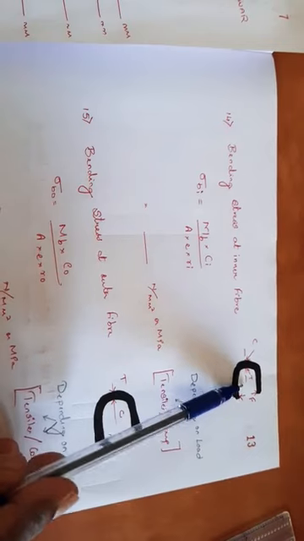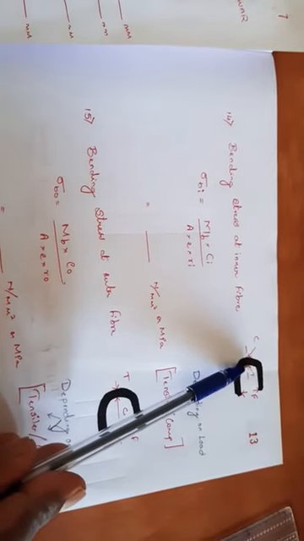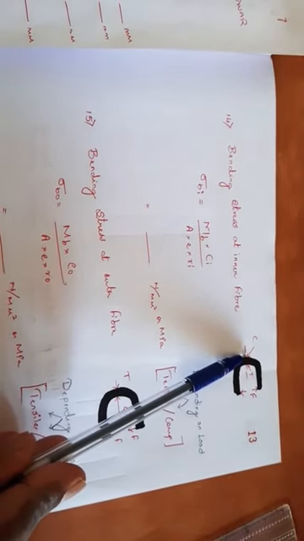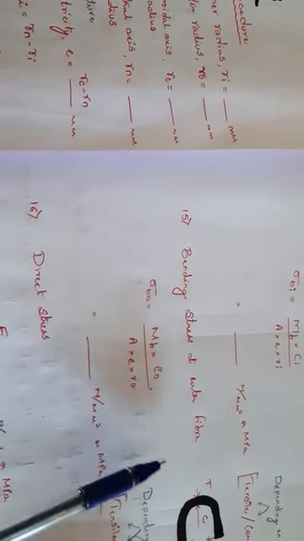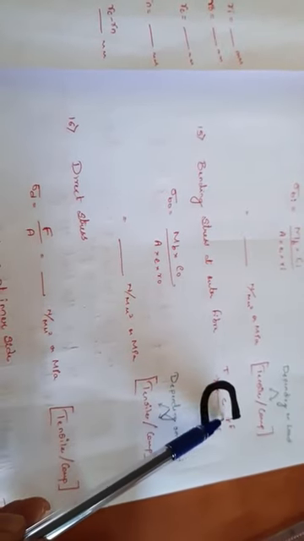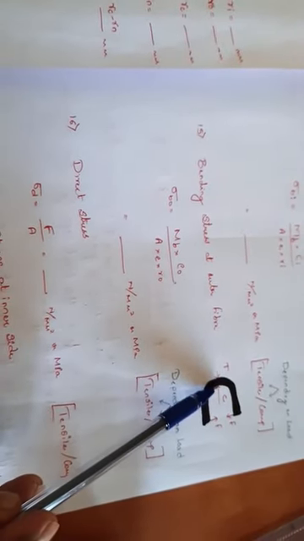If this is the condition, the inner side is tensile and the outer side is compressive. The bending stress at the outer fiber is MB, Co, over A, e, Ro. Depending on the load, it is tensile or compressive. So if the load is compressive, the inner side is compressive and the outer layer is tensile.